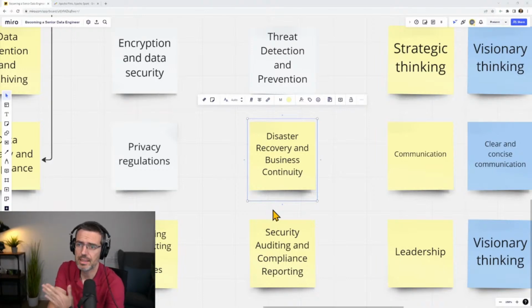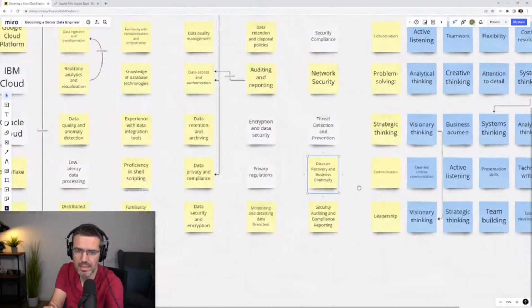If something is happening, how can we recover from this? If somebody deletes our production database, how can we recover from this? If somebody writes in faulty data, how can we recover from this? So super, super important. That's a good point. Let's keep that here.